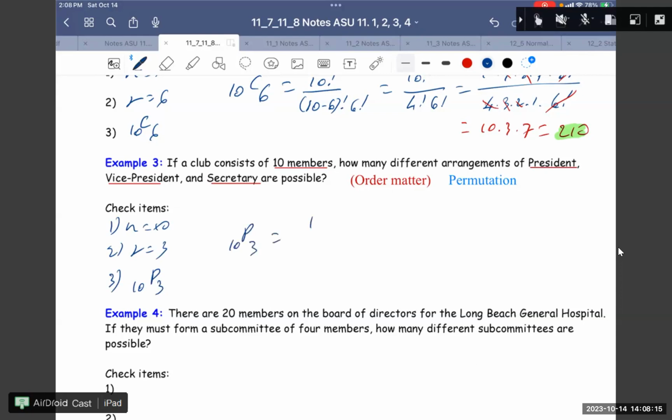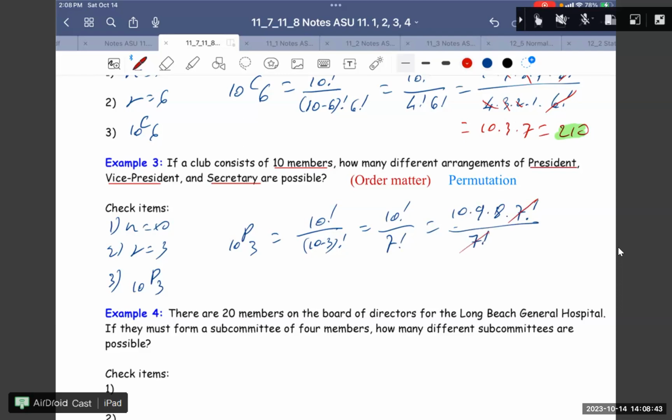We have the formula already: 10 factorial over (10 minus 3) factorial, which is 7 factorial. So we have 10 times 9 times 8 times 7 factorial over 7 factorial, so you can cancel the 7 factorial.